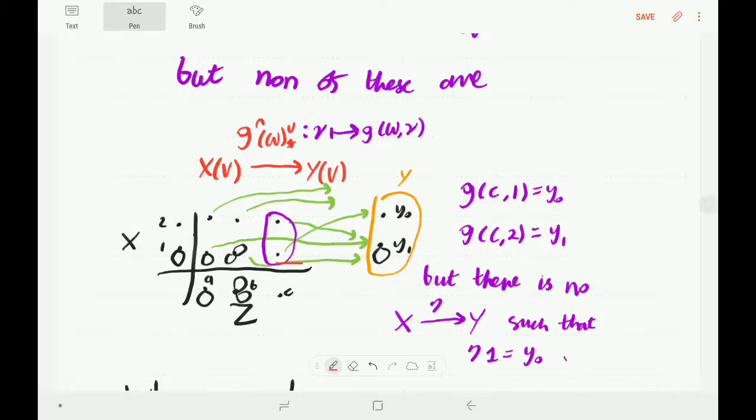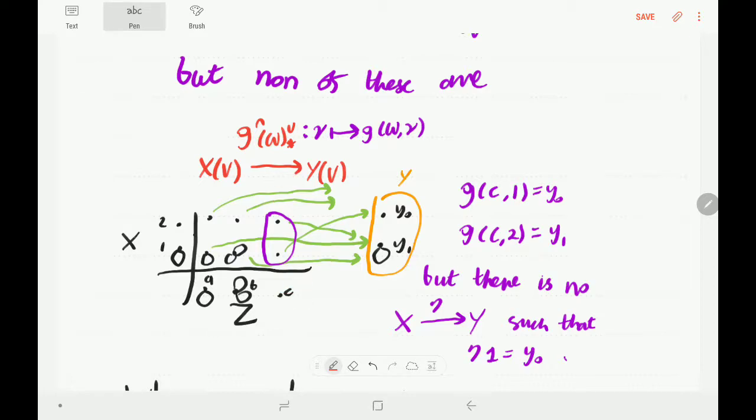For example, in this case, we multiply x here by a dot, so we turn this loop at 1 here into a dot, and then we can map it to y naught, which is just a bald dot of y. We wouldn't normally be allowed, under a morphism, to map a looped dot to a bald dot, but we can when we've done this multiplication.